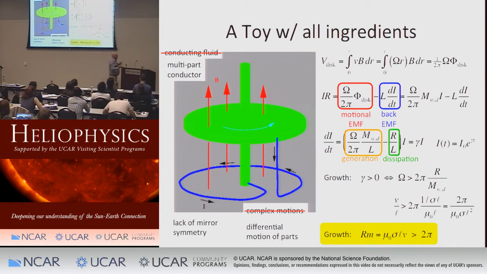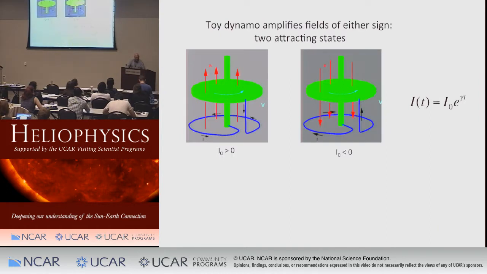If I don't spin it fast enough... now I want to make a couple of observations about this toy. If I were to start with a magnetic field that goes down, what happens? Well, if the magnetic field goes down, then V cross B goes from the rim to the axle, and it drives the current in the opposite direction. And what happens to the magnetic field from that current?